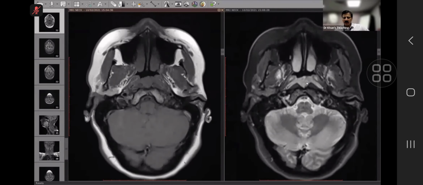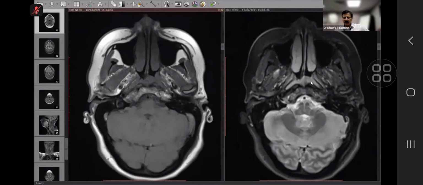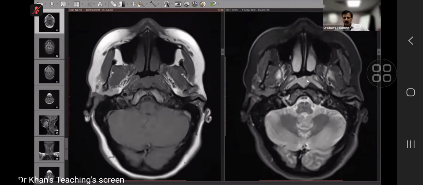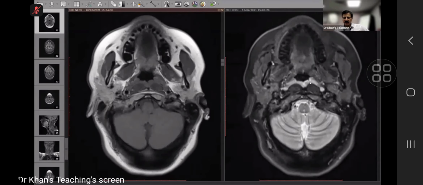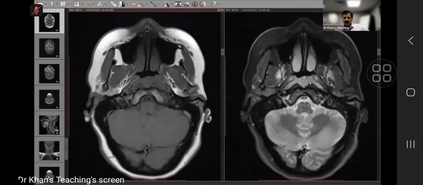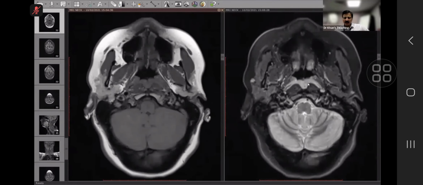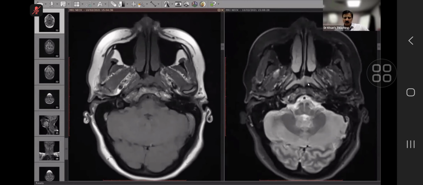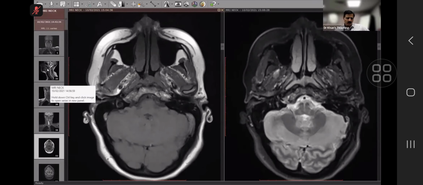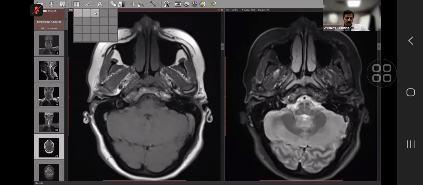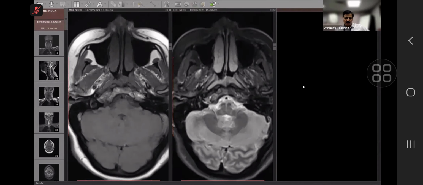So all lymph nodes will be bright like this. Lingual tonsil, palatine tonsil will be bright like this. Of course, if it is abnormal, again, it will be bright like this. Size criteria will tell you what is happening. Now, let me marry it with, just 1 second, with a sagittal. So this is a sagittal.